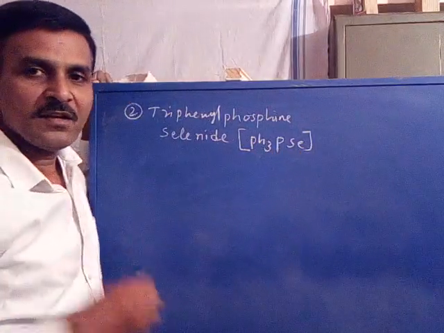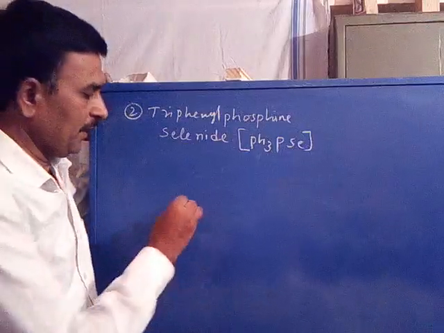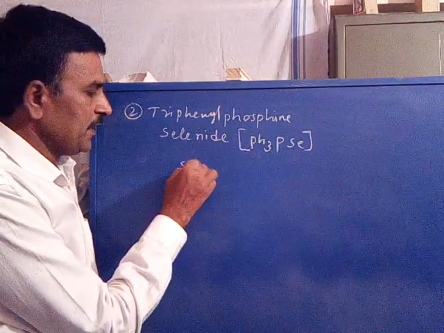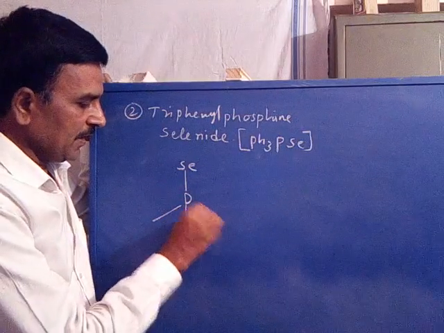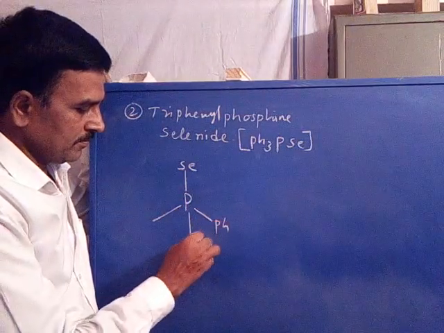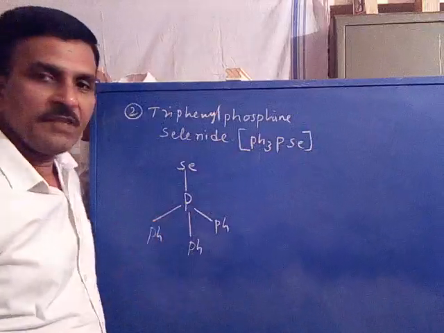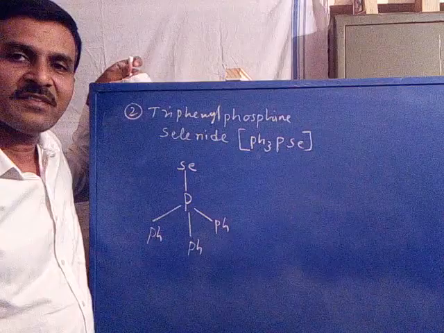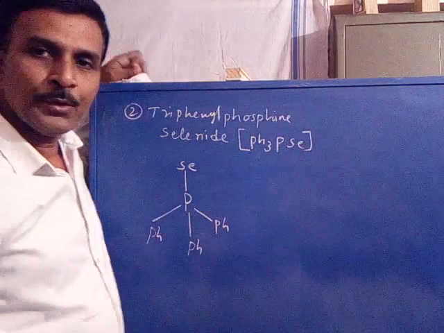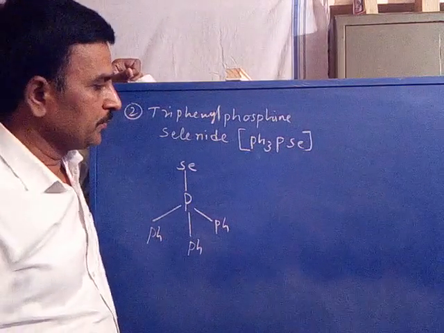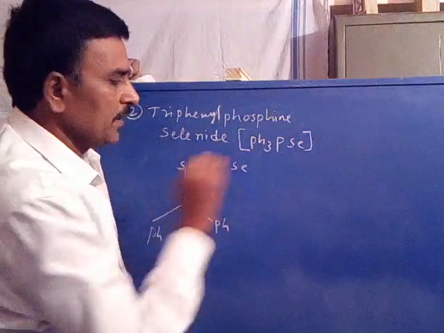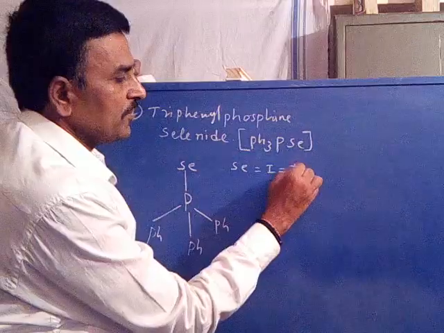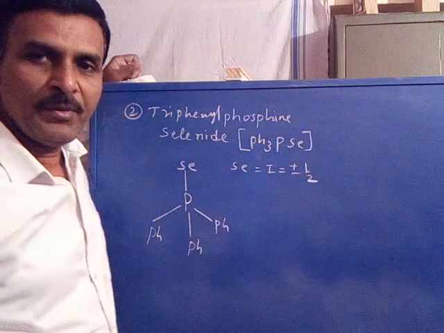Its structure has a tetrahedral geometry, where the central phosphorus is attached to one selenium ligand and three phenyl ligands. In this complex, the selenium nucleus is also spin active, with I equal to plus or minus 1/2, similar to phosphorus.